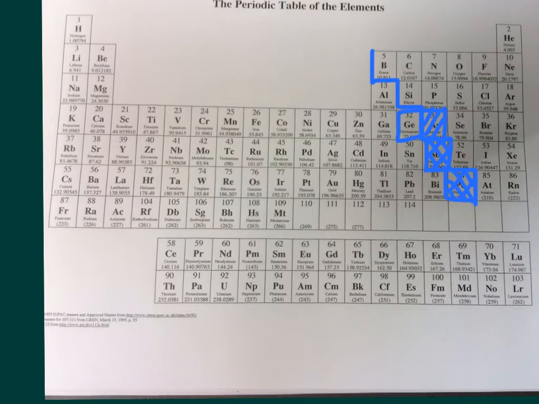Which one is going to be the biggest space? The left will be the biggest space. Oh, poor tellurium. I love that one, my favorite, because copper and tellurium spell cute.